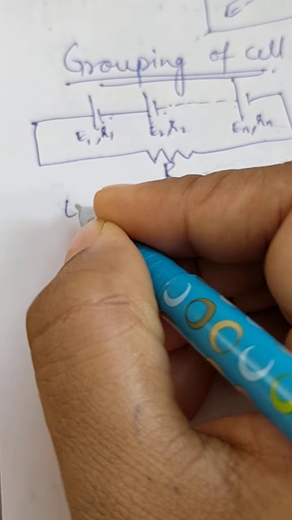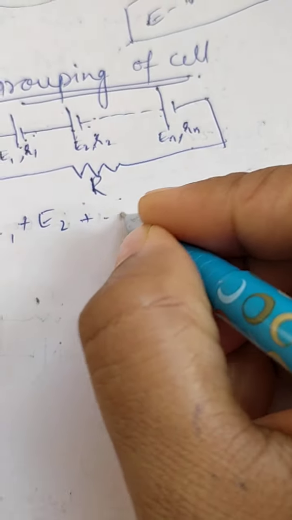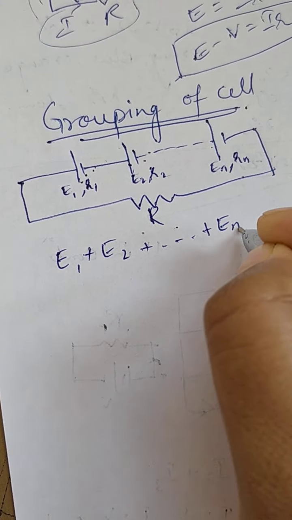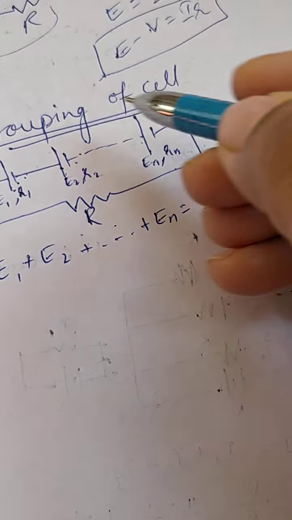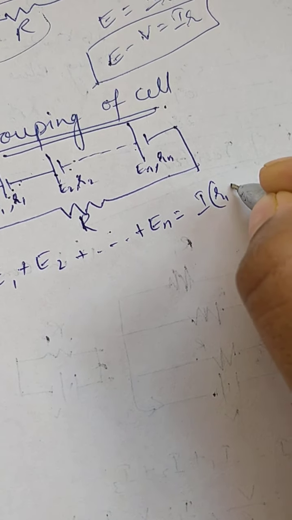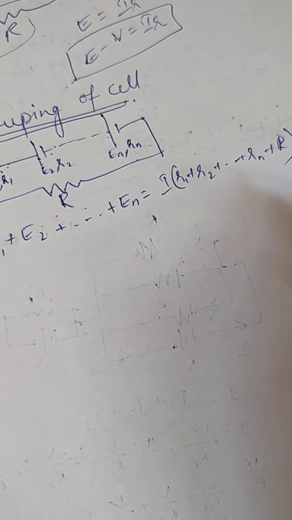So what I'll get is E1 plus E2 plus En is equal to I times, and in a series connection the resistors are also added, r1 plus r2 plus rn plus capital R, the external resistor.